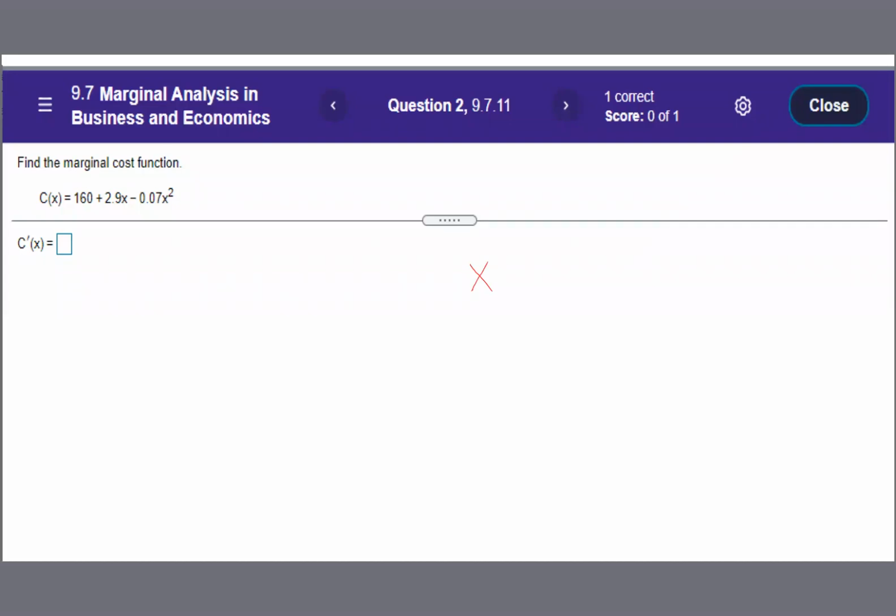We're going to have x to the n, where x is a variable and the base of this power, and n is a fixed exponent. The derivative is found by bringing the exponent down times the power with base x and reducing the exponent by 1, so n minus 1.